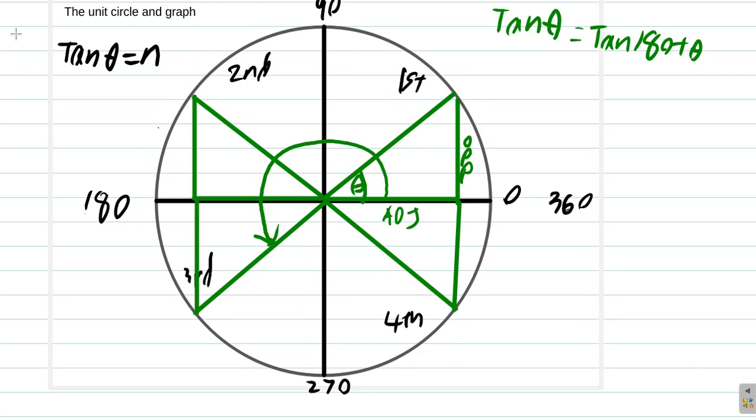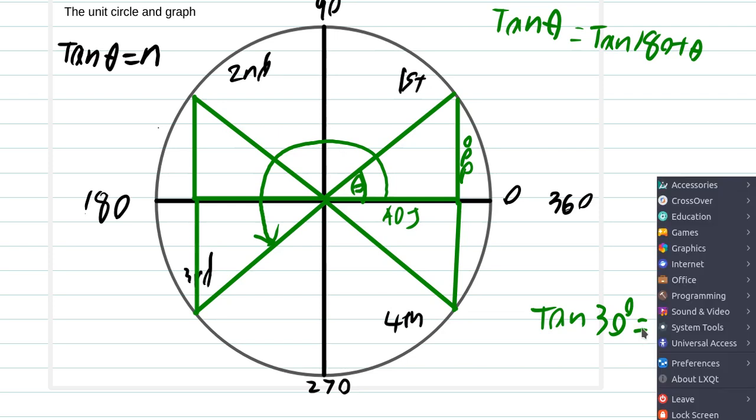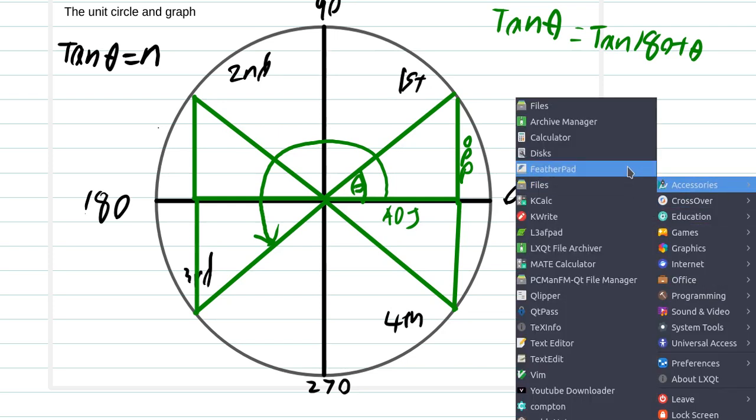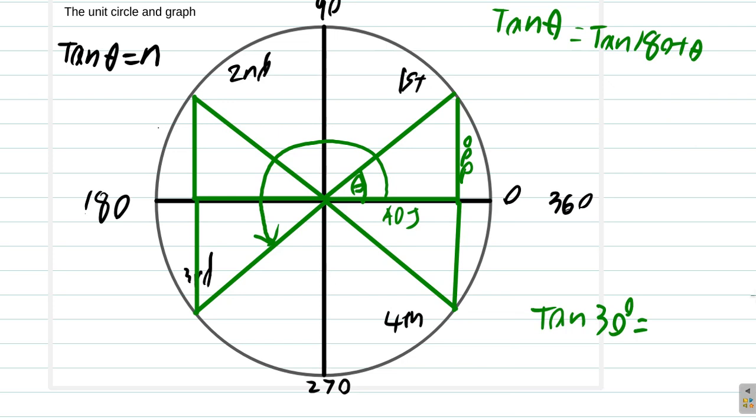So, what is the tan of 30 degrees? Let's see if we can get our calculator to give us that answer.